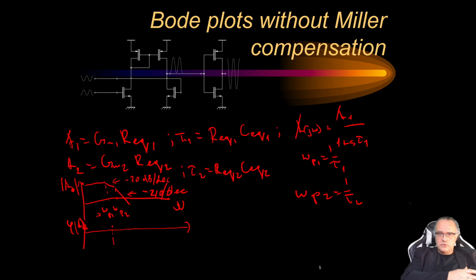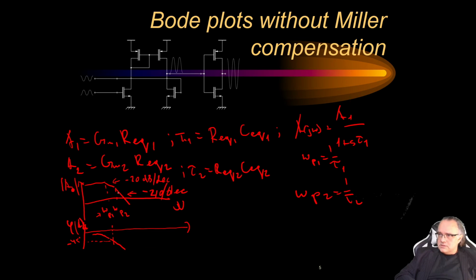From low frequency to infinite frequency, every pole contributes minus 90 degrees. Exactly at the pole frequency, it contributes 45 degrees. So around here we will start rotating the phase, something like this, and this will be the phase contribution of this pole.